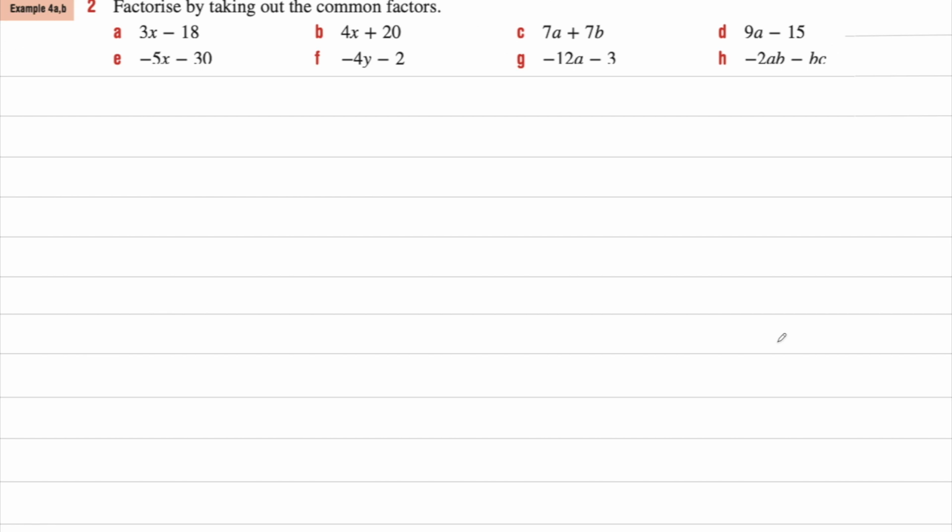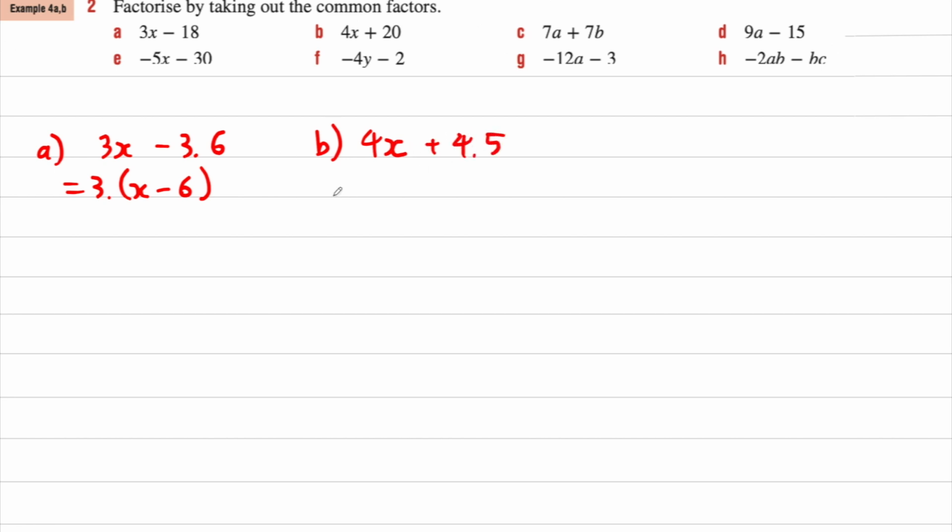The second question, taking out the common factor. Question A, 3 and 18 here. 18 is 3 times 6. 3 outside, you get h minus 6 inside. For B, 4h and 20 is 4 times 5.